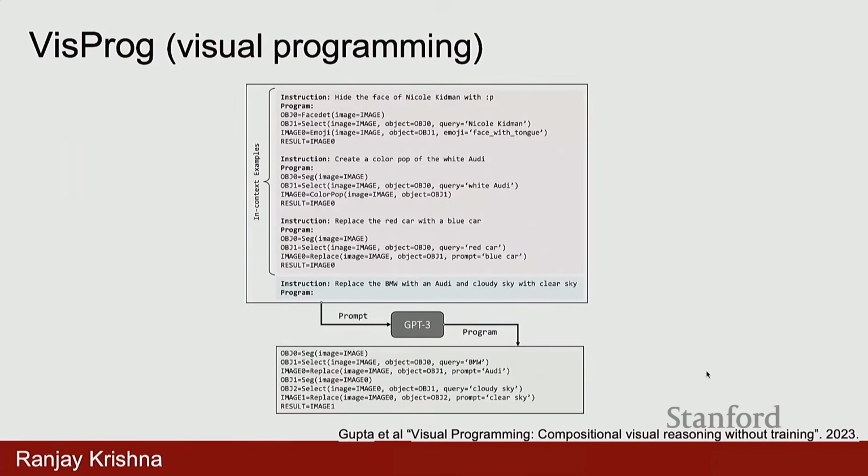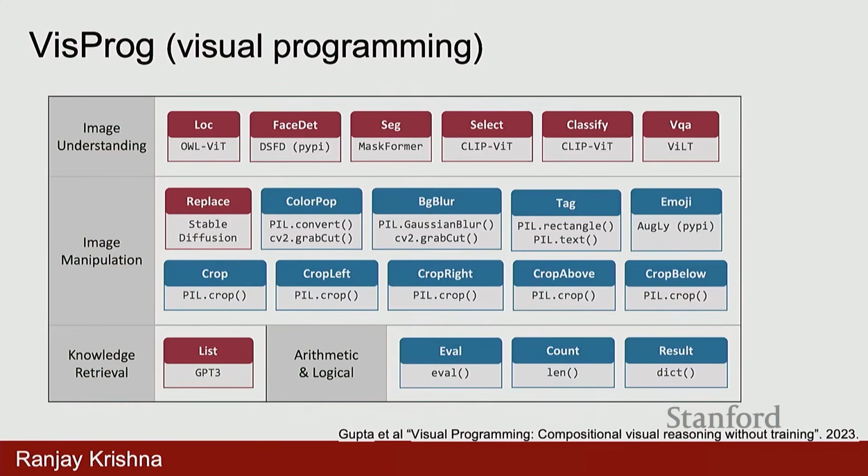You can also get GPT to do in-context examples, where you give it examples of programs that it can generate using other functions. And we can see that it generalizes to new sorts of questions and you start using all of the functionality that it has available. Of course, the one thing you need to do is give it the functions themselves. You need to tell it that, hey, you have these capabilities from other models that you can use.